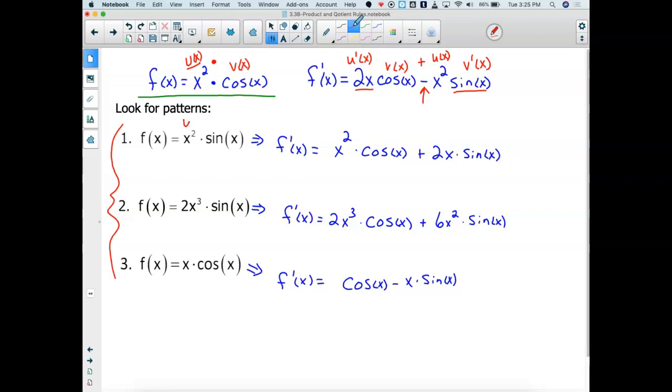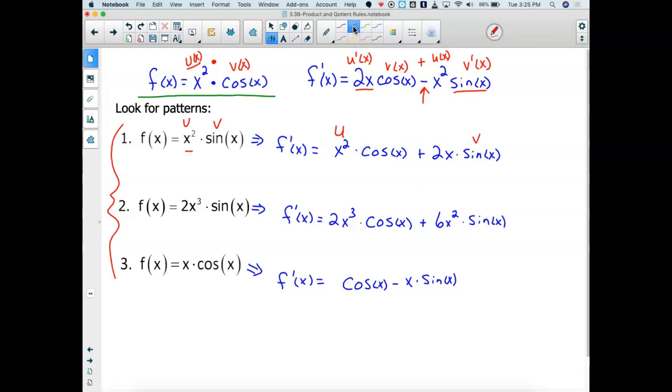Let's let this first one be u, and the second one we'll call v. Here's my u, and sine, here's my v.